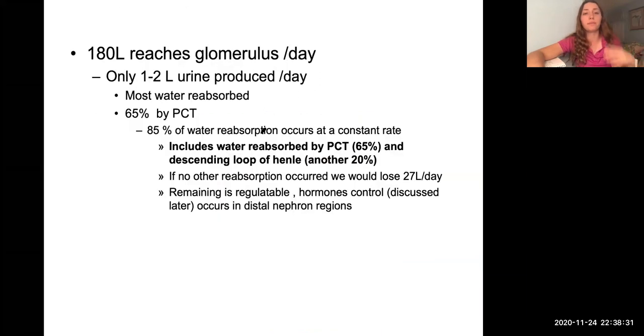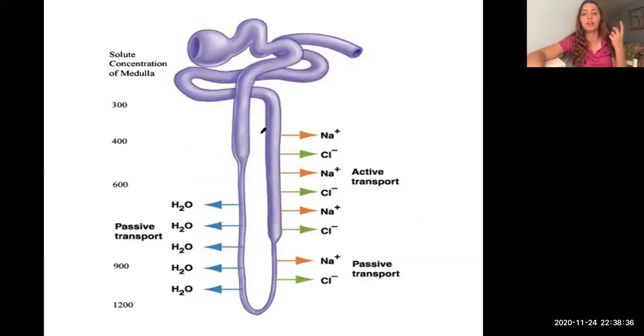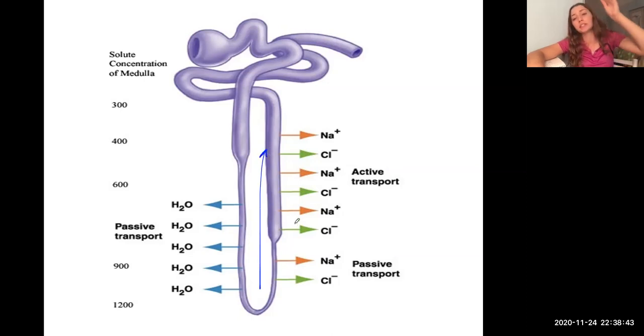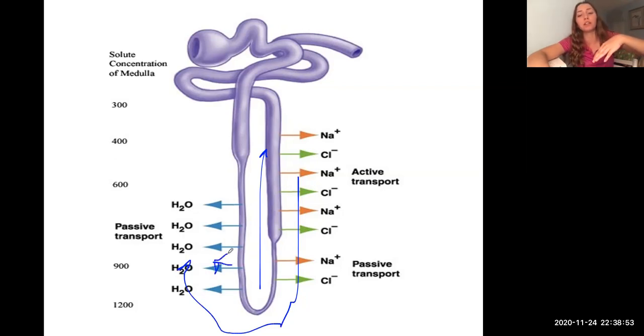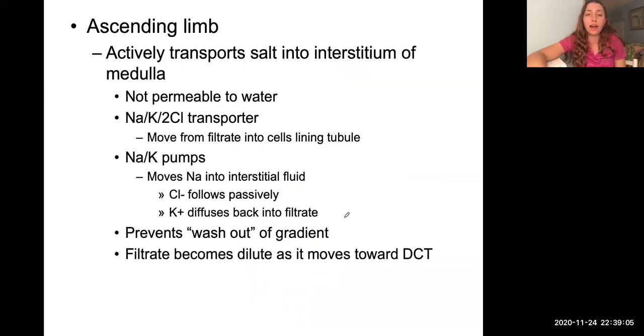This is showing you that going up the ascending limb, like Morgan said, you're sending out sodium and chloride to make the outside hypertonic so that the water will come out because of the concentration gradient. The water will move to where the concentration is highest.